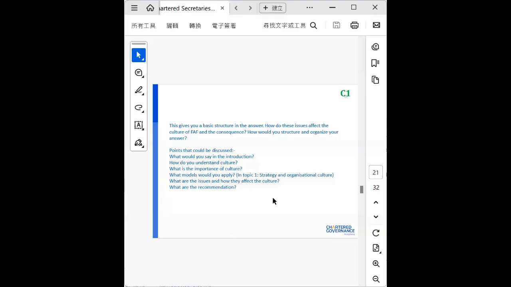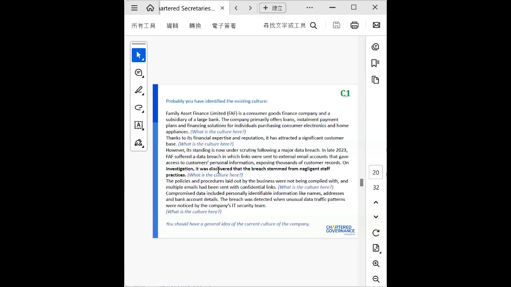Right. So you can see the culture is getting weaker and weaker, and the employees are becoming more and more negligent in that case.